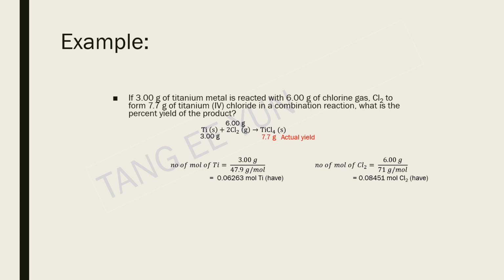From the balanced chemical equation, we know that 1 mole of titanium metal will react with 2 moles of chlorine gas. So now we have 0.06263 moles of titanium. So we are expecting that we need 0.1253 moles of chlorine gas.